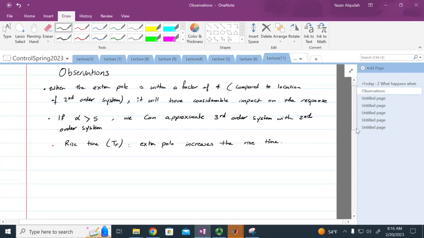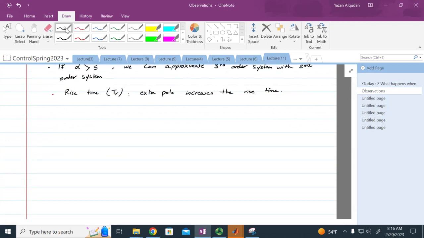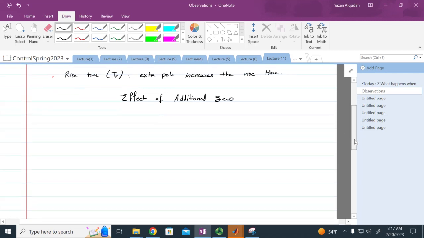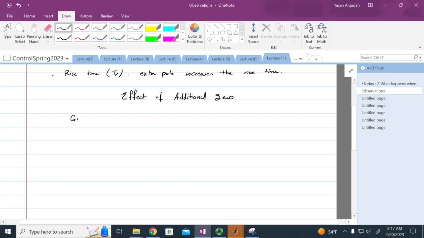The next thing we're going to see is what is the effect of an additional zero on the response. So let's have a typical transfer function, G of s, that is equal to s plus a divided by s plus b multiplied by s plus c.